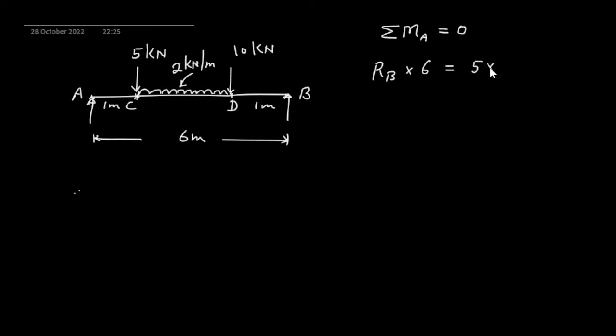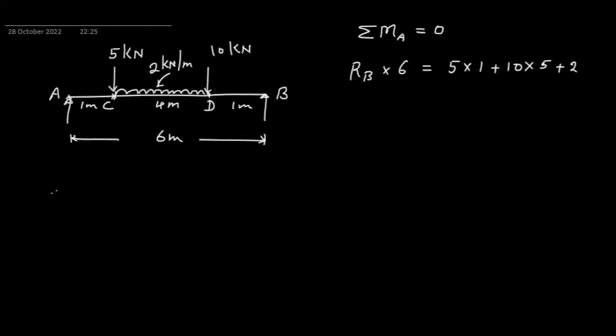This is going to be equal to clockwise moment, that is 5 times 1 plus 10 times, now from point A, this 10 kilonewton load is at a distance of 5. This in between length is 4 meter. So 10 times 5 plus I have UDL of 2 kilonewton per meter.